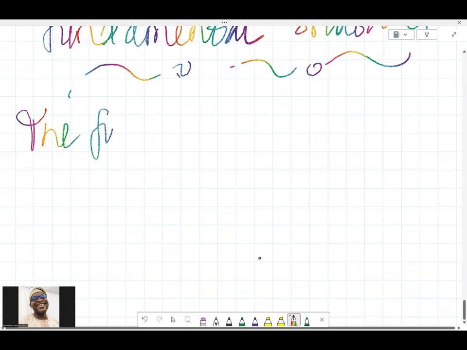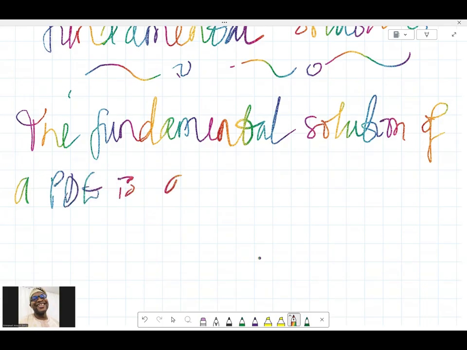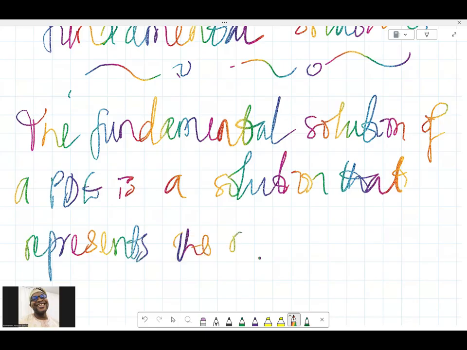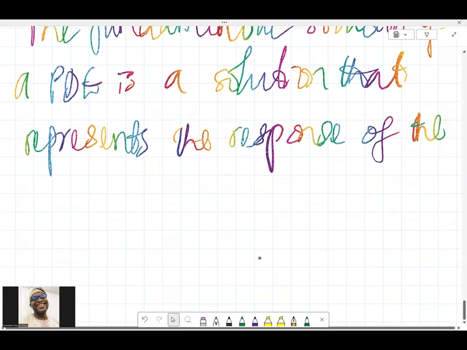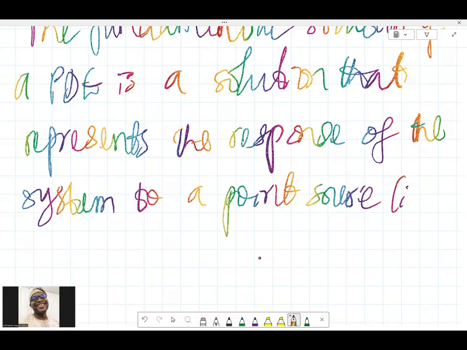So the fundamental solution of a partial differential equation is a solution that represents the response of the system to a point source, which we can also call an initial condition.